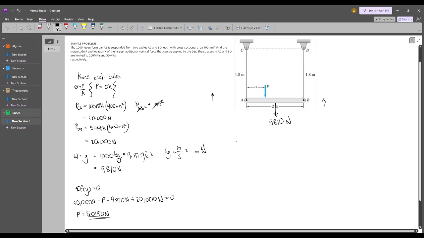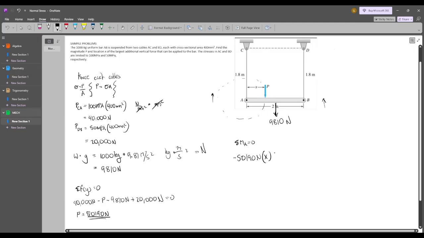So let's take moment at A. The sum of moments at A equals 0. Now the force at A drops out because this is where we are taking moment. Let's get all the values. What is P? P rotates clockwise in relation to A, so that's a negative value. Same with the weight. That's also a negative value.